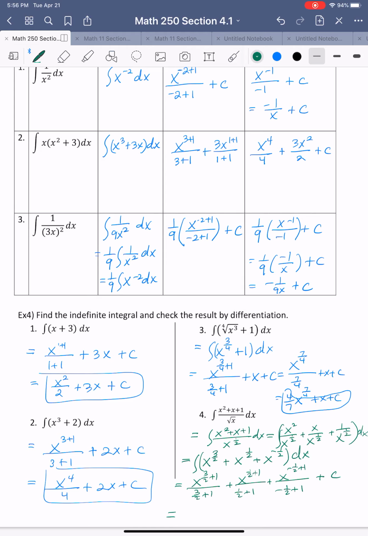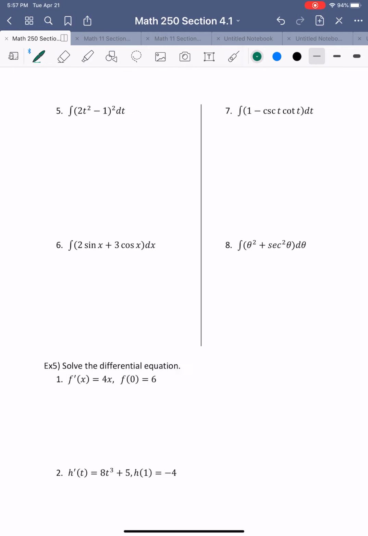When you simplify, you get 2/5 of x to the 5 over 2, then 2/3 of x to the 3 over 2, and then 2x to the 1/2, plus c. All right? I skipped a few steps, so hopefully you're fine. Let's go to the next page.